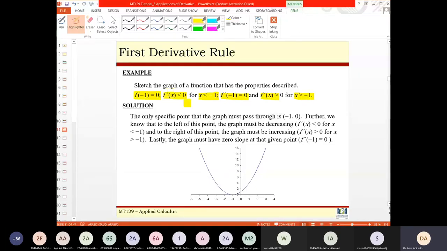Those are the information they give me. They want me to sketch the graph. They want me to imagine how it looks.